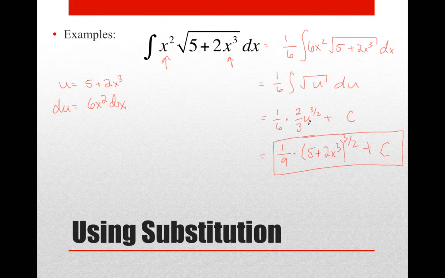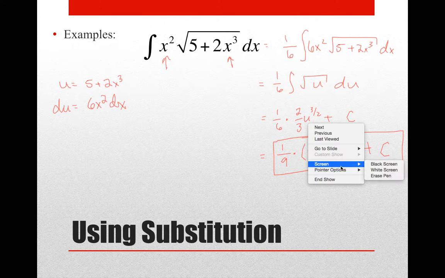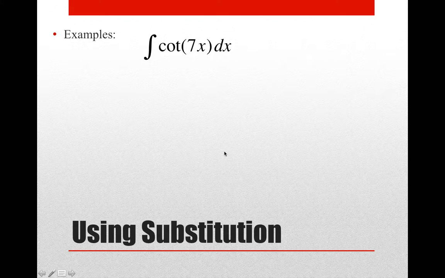All right, let's see. What do I have next here? Let's erase my screen. What about cotangent of 7x? Well, we don't really have an integral for cotangent, so what we're going to do here is change this using a trig identity. We know this is the sine of 7x over the cosine of 7x dx. Then I'm going to use the same substitution as before.